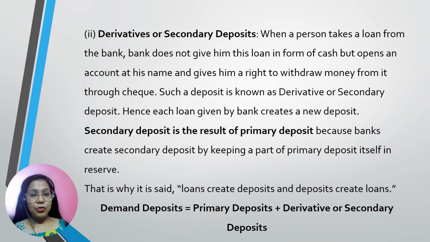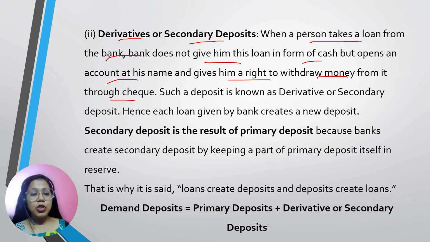Now, the second classification of deposits is known as derivative or secondary deposits. See, when a person takes a loan from the bank, the bank does not give him this loan in the form of cash, but opens an account in his name and gives him a right to withdraw money from it through check.